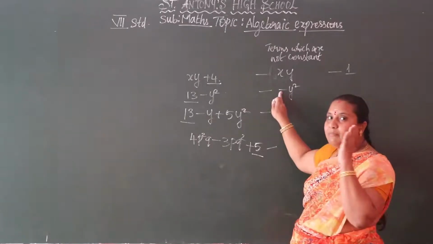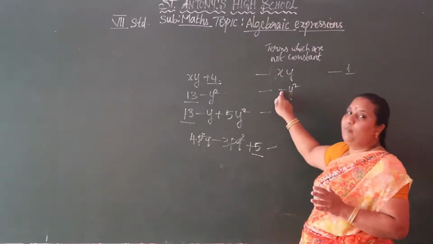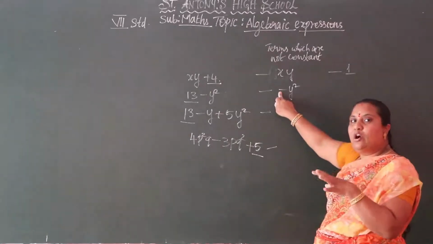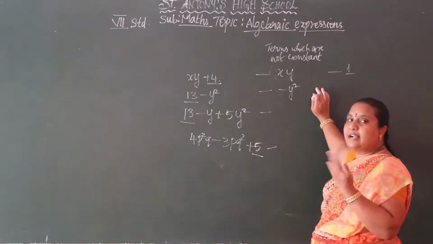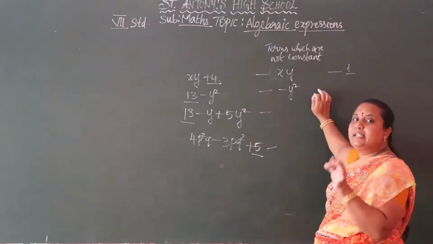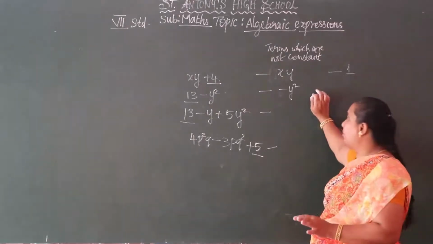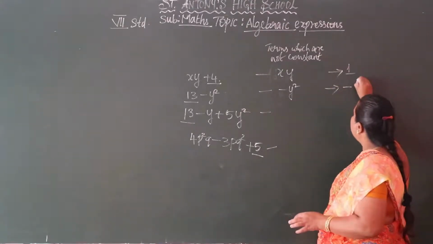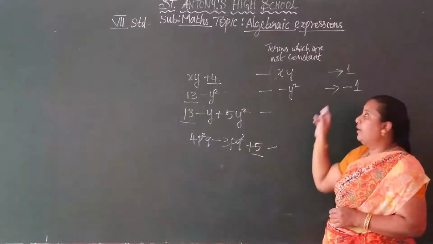Don't leave the symbol anywhere. The subtraction symbol is very important. If there is an addition symbol, even if we don't write it, it is understood. But the subtraction symbol we must mention, it is compulsory. So minus 1 is the numerical coefficient.